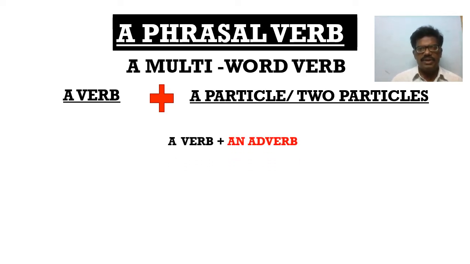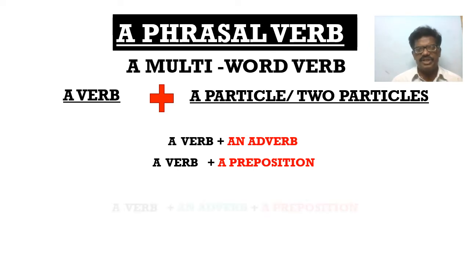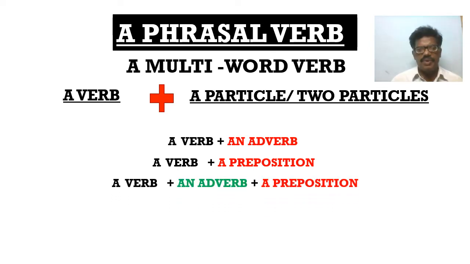It may be formed with a verb plus an adverb, it may be formed with a verb plus a preposition, or it may be formed with a verb plus adverb plus a preposition. So, in these three forms, it can be formed.